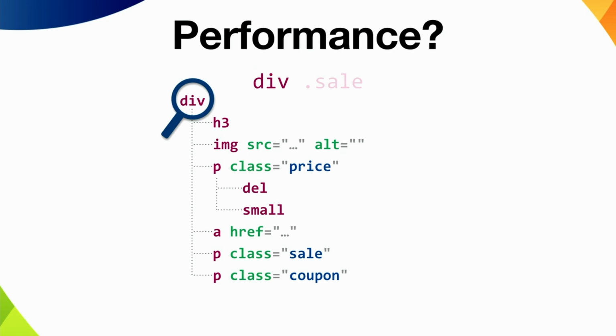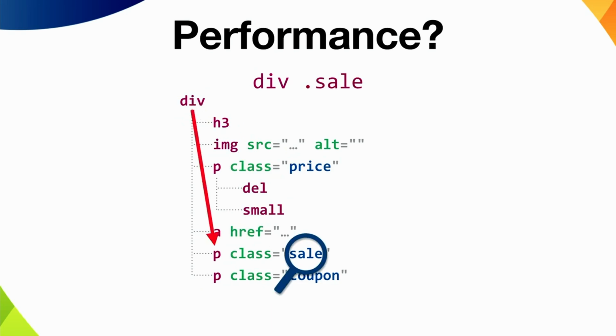So the browser goes through the document tree, goes looking at things, it's like, okay, haven't found anything yet. Oh, .sale, I found it. We're going to apply the styles from this rule to that thing. And it does that for the entire document tree, okay? Like that.